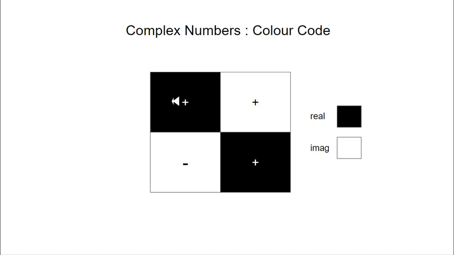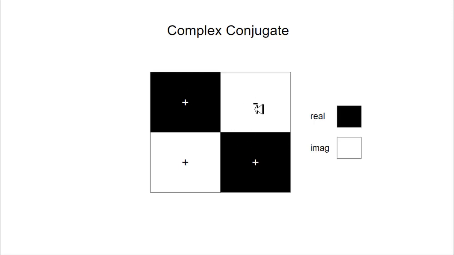You can think of it as a flip about the real axis. So even in Cartesian coordinates, the complex conjugate of that is a flip about the real axis, and here it is a flip about the real diagonal. So you can see that the complex conjugate has flipped about this diagonal. So that's another way of looking at the complex conjugate.